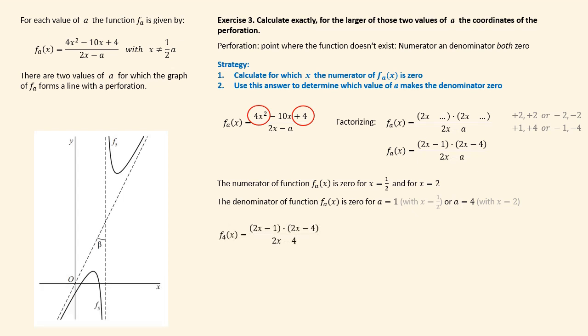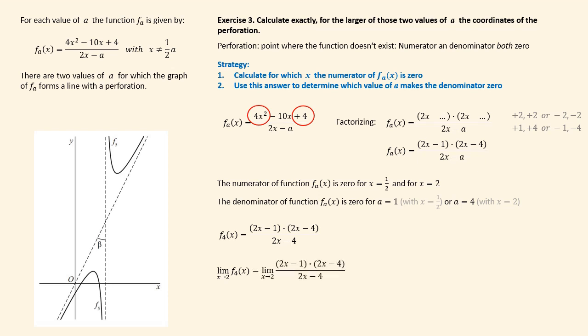Now, the assignment here says that we need to choose the larger of the two values of a, which is 4. And here you can see the expression if you have filled out a is 4 in the function fa of x. Now we're going to let the x walk towards 2 in this expression.